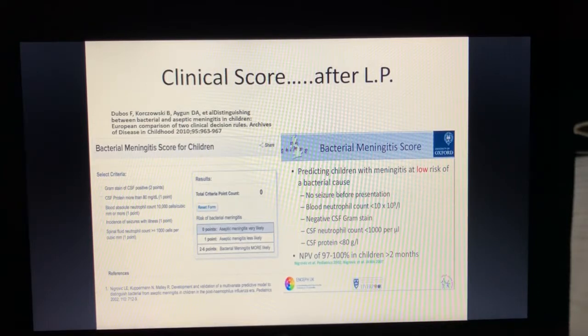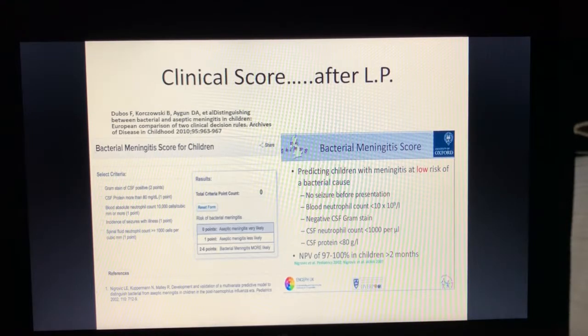based on 198 children under the age of 18 from 6 centres in 5 European tertiary care hospitals, and the bacterial meningitis score, which obviously requires, as you can see there, a lumbar puncture to have been done and analysed, and the analysis in terms of gram stain, protein, blood neutrophil count, spinal fluid neutrophil count, and whether there have been seizures can be put together to form the bacterial meningitis score.